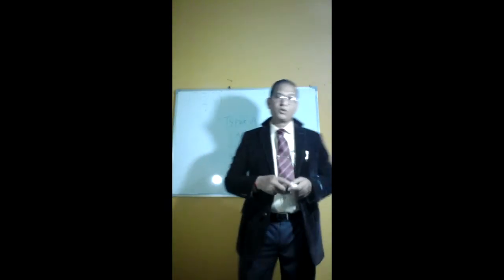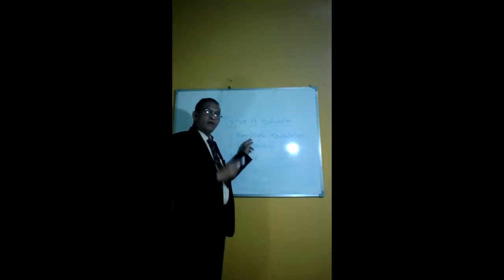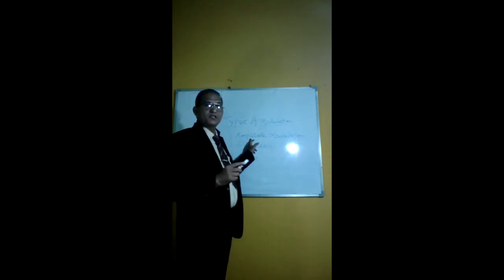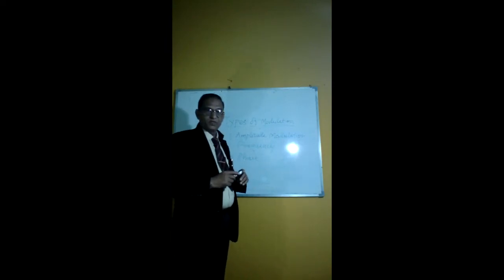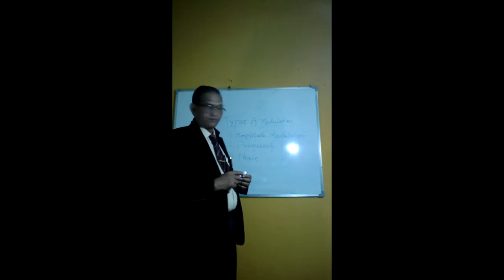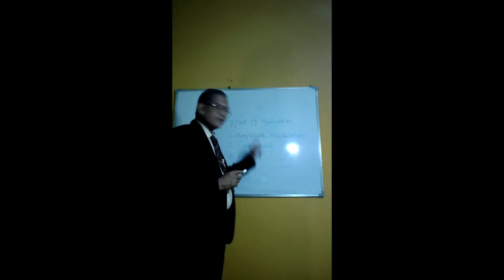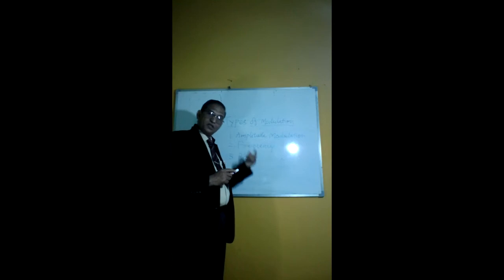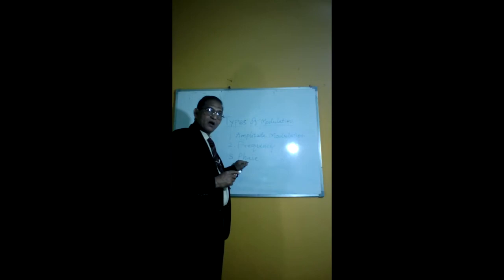In amplitude modulation, the amplitude of the carrier wave is changed in accordance with the signal wave, the other two kept constant. In frequency modulation, the frequency of the carrier wave is changed in accordance with the signal wave, keeping the other two, amplitude and phase, constant.